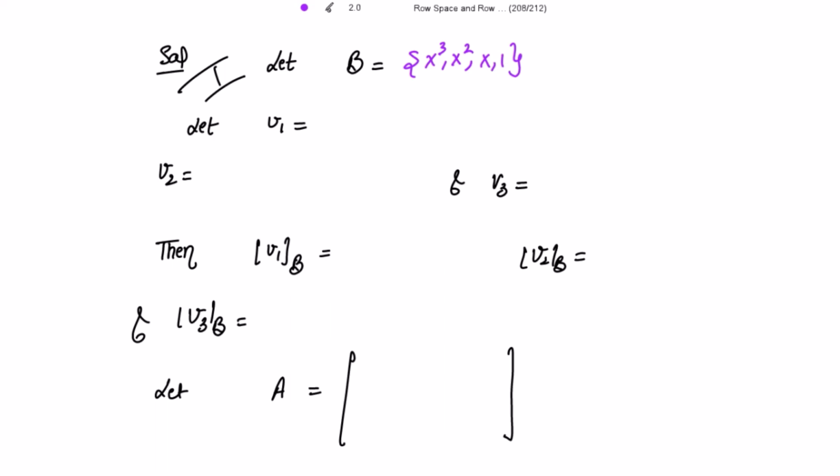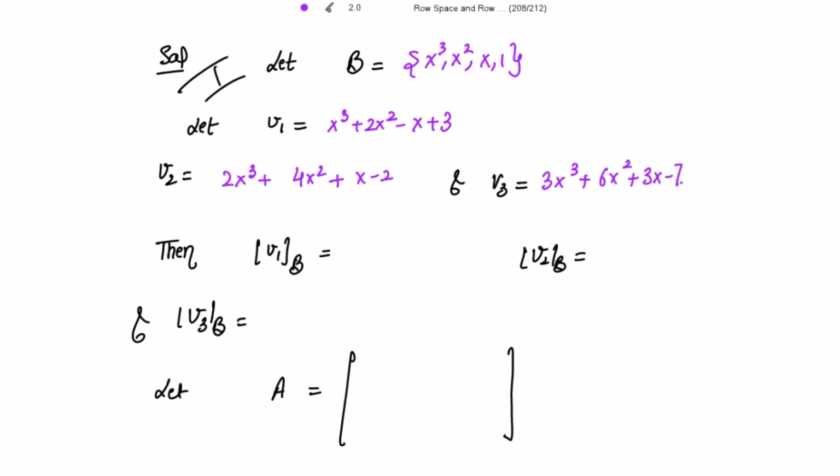Let's write the given polynomials for vector space V. So let's say V1 is x cube plus 2x square minus x plus 3, and V2 is equal to 2x cube plus 4x square plus x minus 2, and V3 is equal to 3x cube plus 6x square plus 3x minus 7.